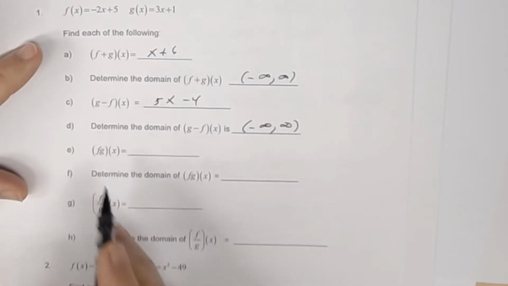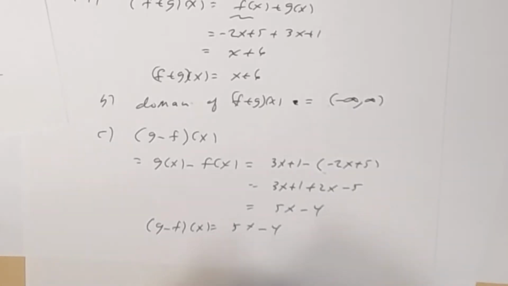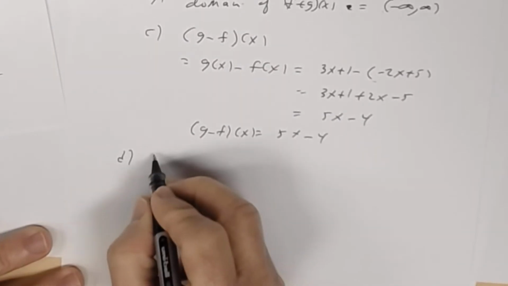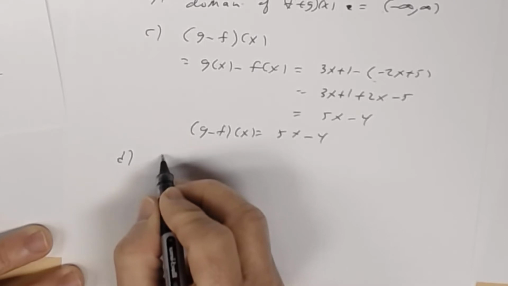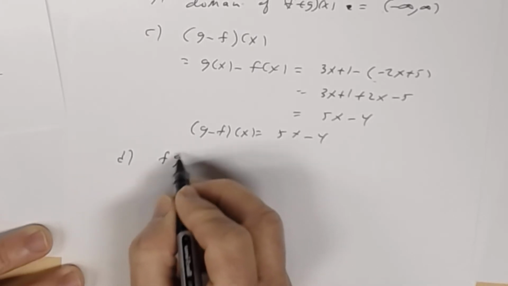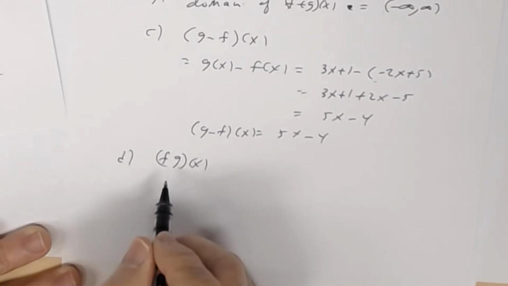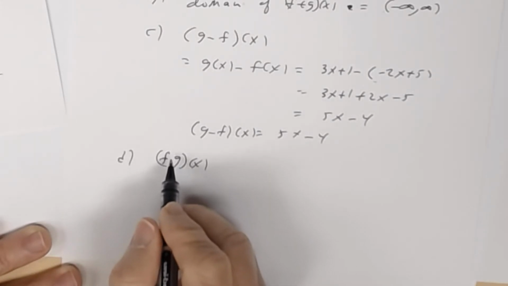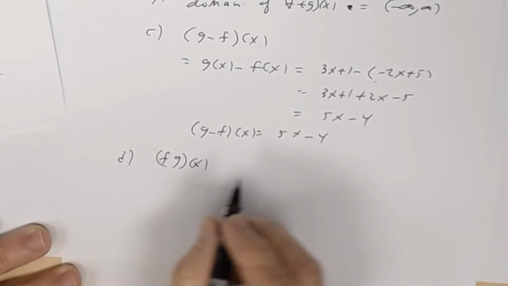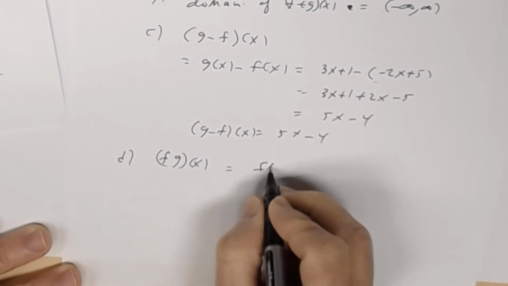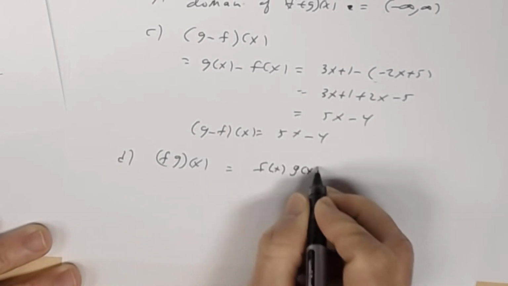Now we're going to multiply f and g together. So in D, you have f times g at x. Remember, that notation here means f times g. You don't always have to see that little closed dot there, so keep that in mind. By definition, this means f of x times g of x.